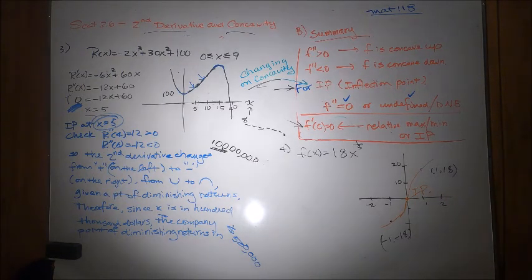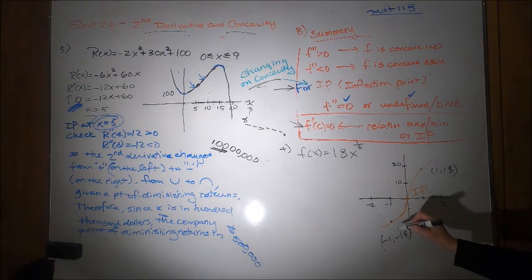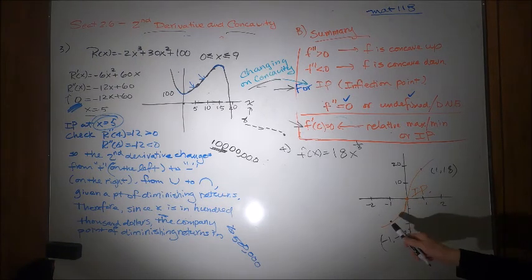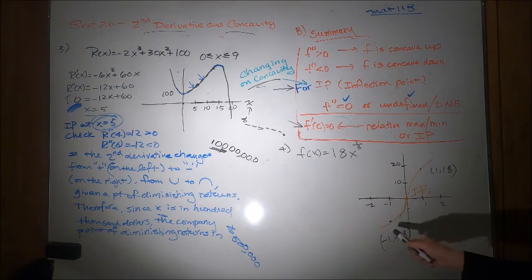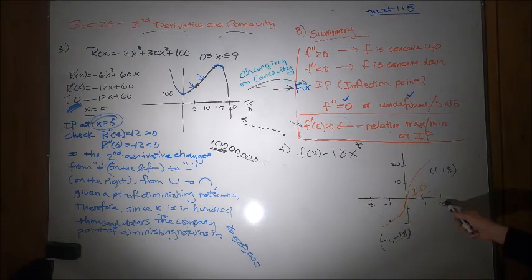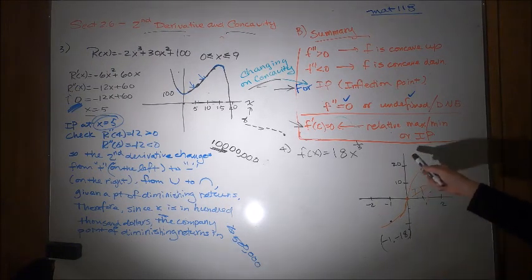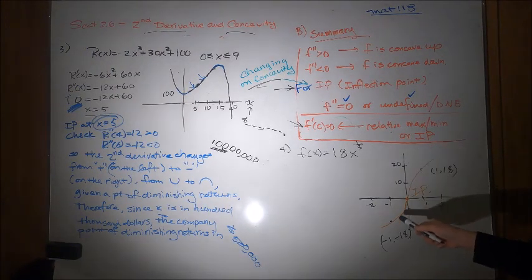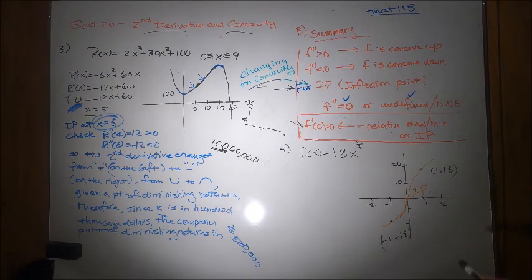If we do it and use the calculator, you can use range from negative 2 to 2, then y can use negative 20 to 20. You should see this. Okay? So we are just practicing the graph.